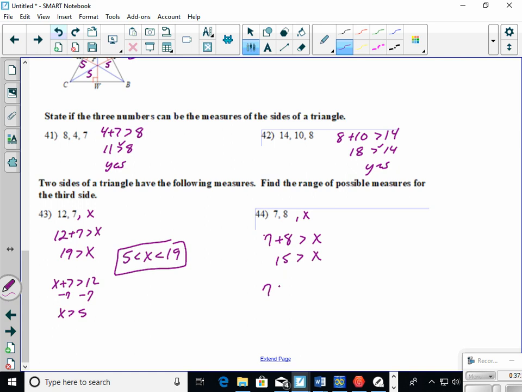So 7 plus x has to be greater than 8. Subtract the 7. And x is going to be greater than 1. So 1 is less than x is less than 15. So the x has to be between 1 and 15. And that concludes the review.